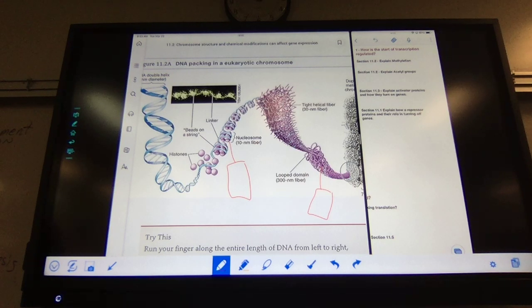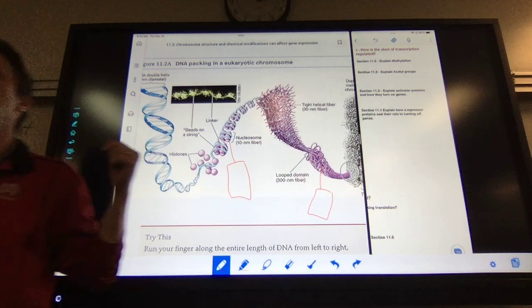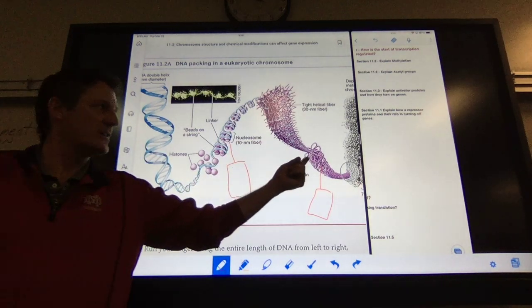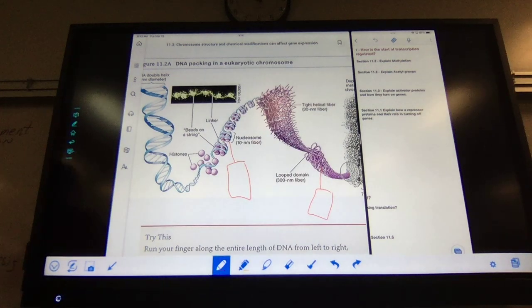Verbal notes. Methylation is a chemical that attaches onto DNA and keeps it closed. When DNA is closed up like this and wound around these proteins, you can't get at translating it into messenger RNA.